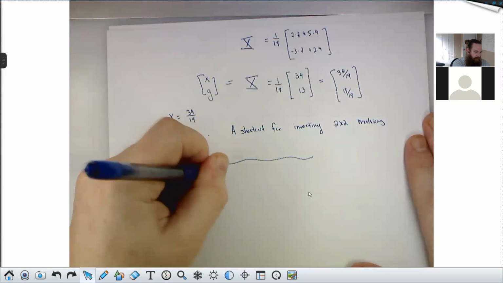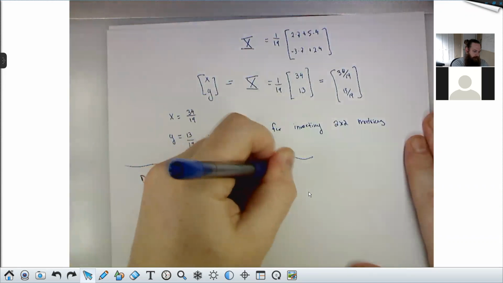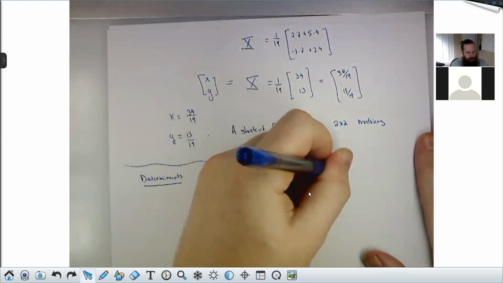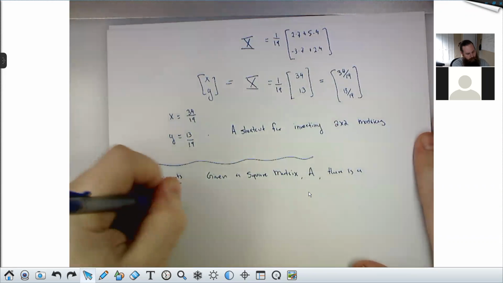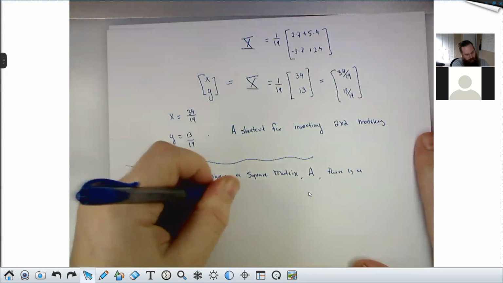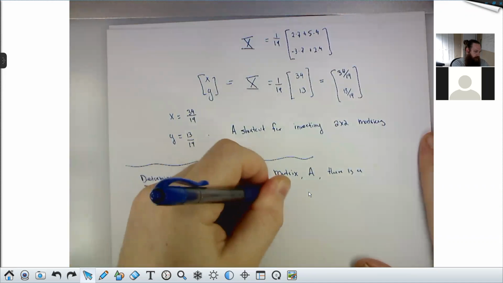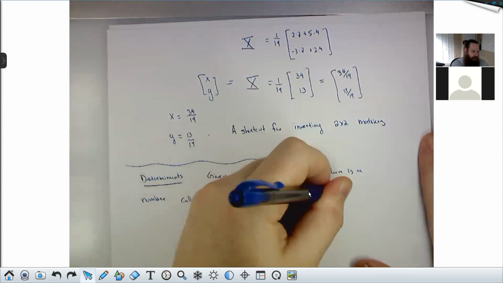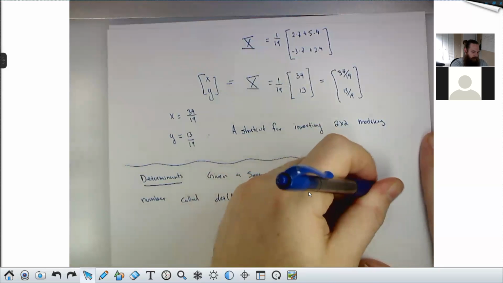Given a matrix A, given a square matrix, there is a number called the determinant of A, which is useful in finding the inverse matrix.